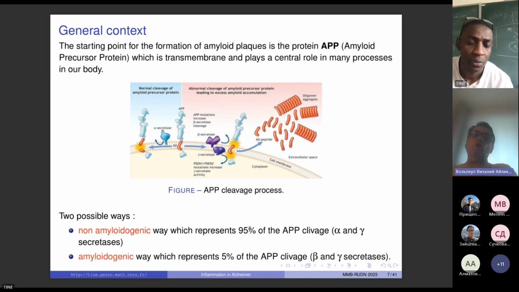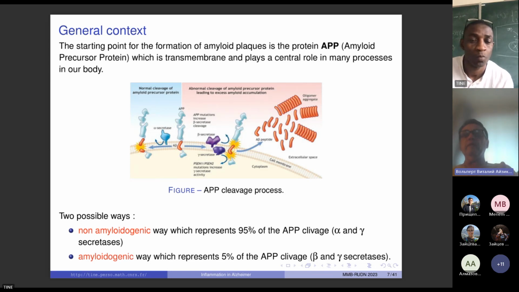Okay, so to make sure for myself and for other listeners: if we take a person who already developed Alzheimer's disease, in 95% of cases this protein is normal, and in 5% these proteins are abnormal, meaning that their size is different.